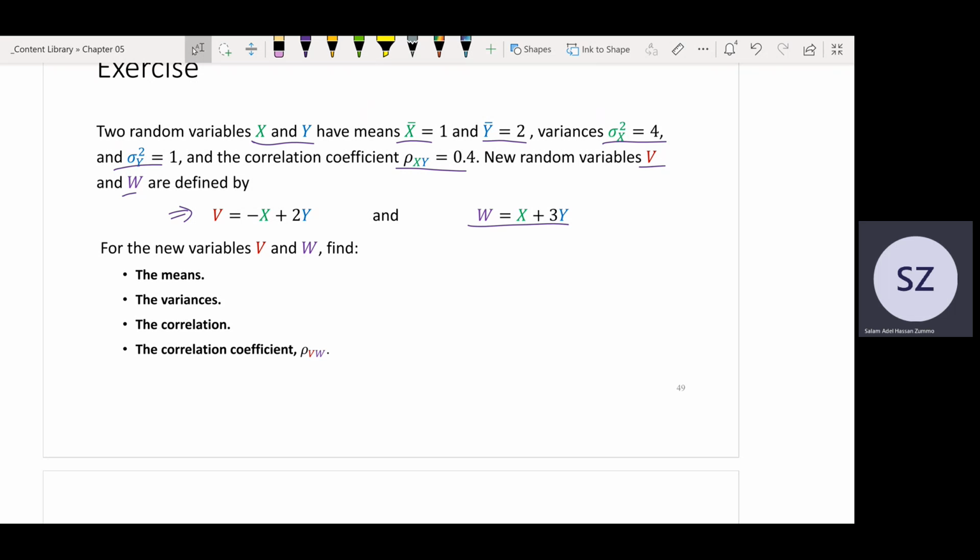Variance of 3, 12. 12? And the variance of W? No, please try to say to us. Okay guys, let's see.